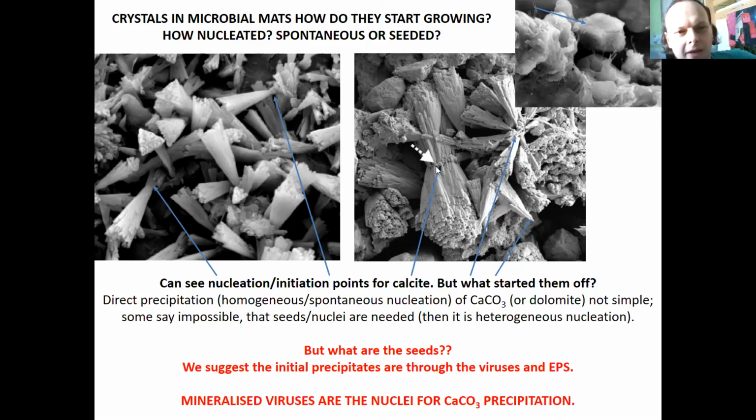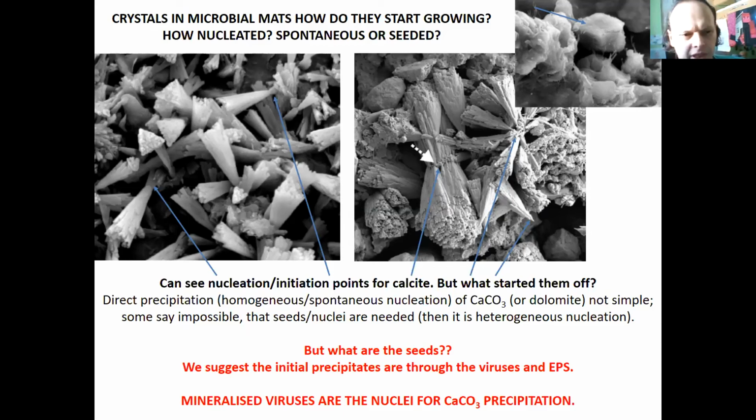So in this case, the seeds are provided by viral capsids, which at this stage is biotic, whereas the precipitation of the crystal itself happens in the abiotic stage.